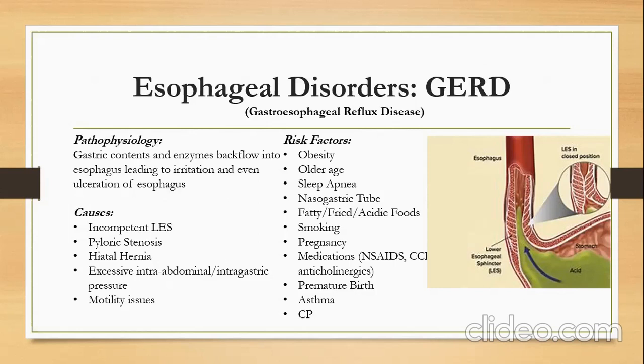Just smoking just puts you at risk for everything, okay? Just remember that. Pregnancy, like I said, going to increase intra-abdominal pressure. Coffee, yep, coffee, caffeine, certain medications, premature birth, asthma, cerebral palsy. The list goes on, and it's in your ATI book.